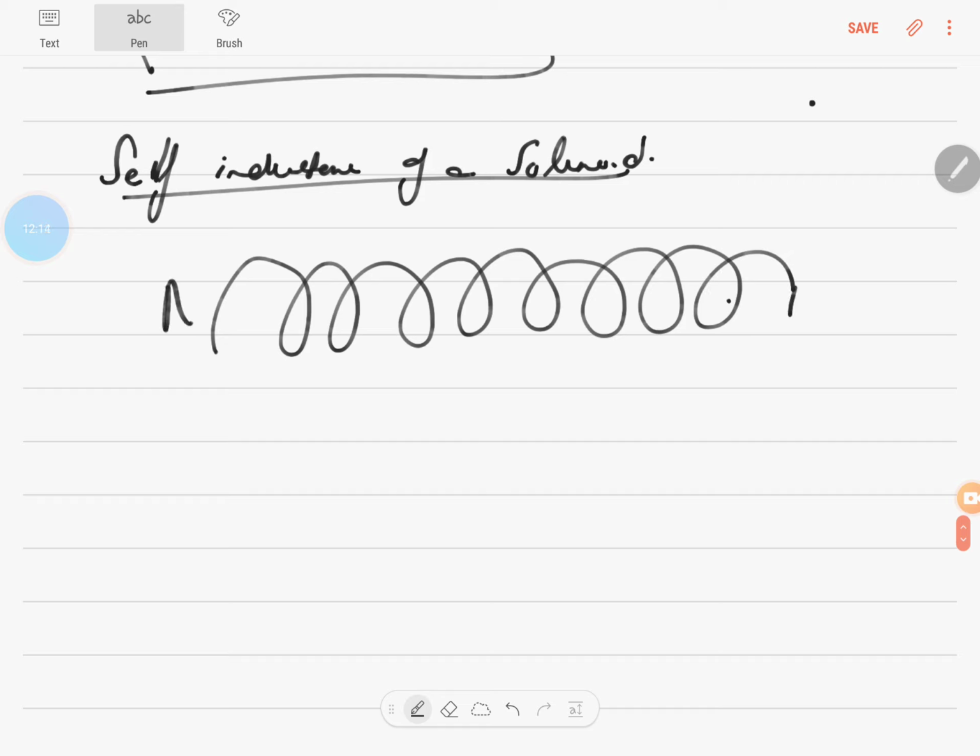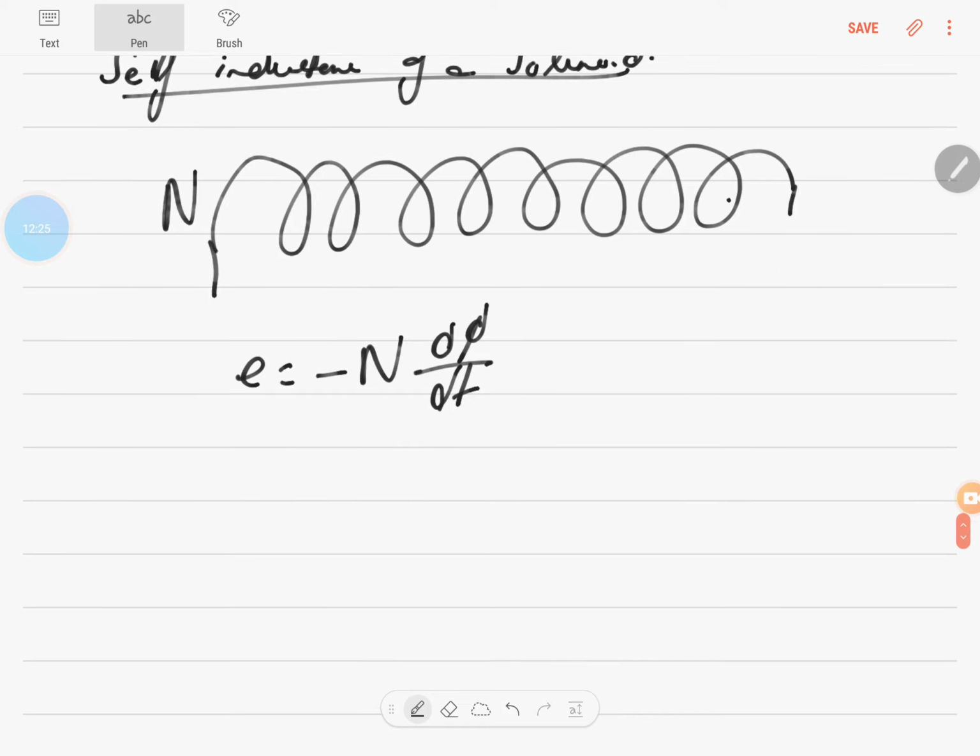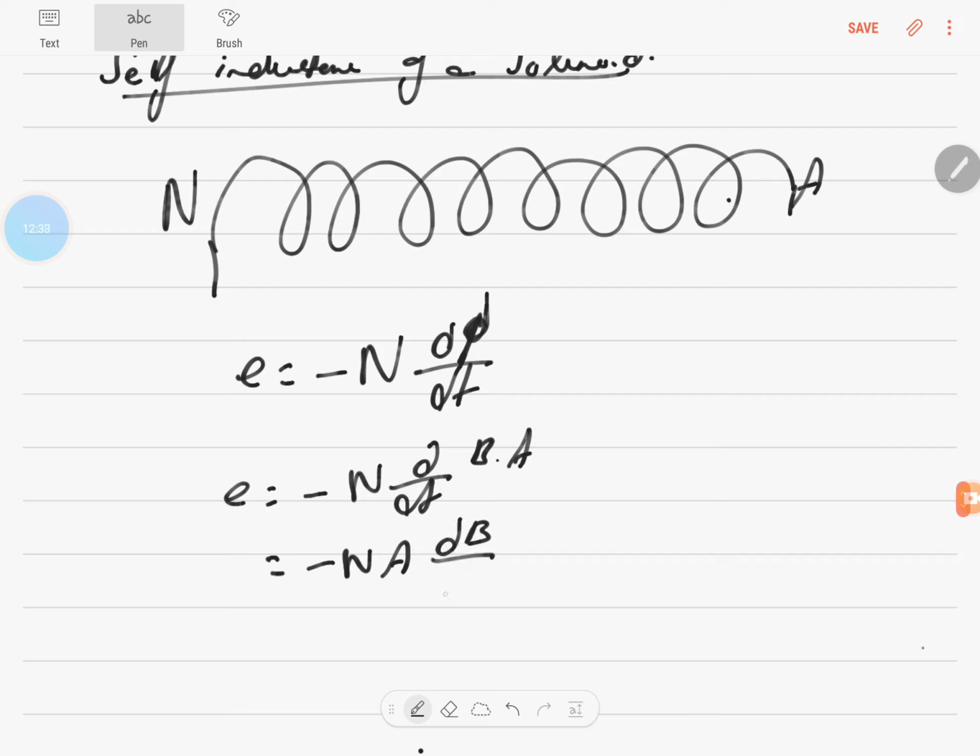So let capital N be the number of turns, and E is equal to minus capital N into d phi by dt, the EMF induced. Flux is nothing but B dot dS, which is B into A. Area of cross section is a constant. So therefore you get minus N into A constant dB by dt.